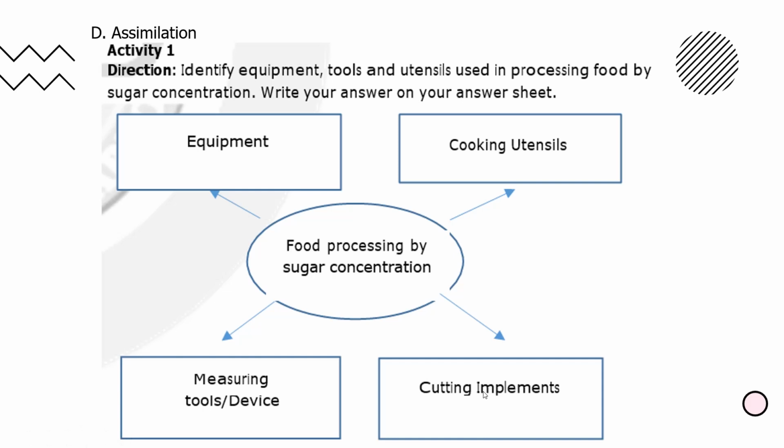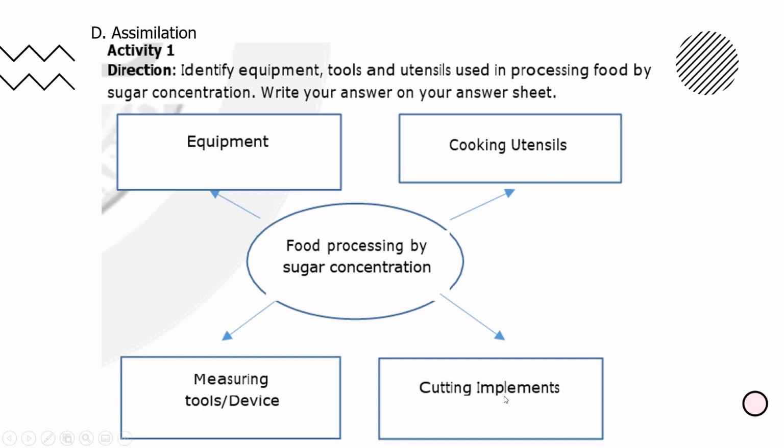So, palatandaan natin, kapag equipment, ito ay malaki o komplikado ng gamitin. Considered equipment yon. Kapag measuring tools, syempre, ginagamit pag-measure or pagsukat. Kapag cutting implements naman, ay ginagamit na panghiwa, pinapantalop o pinapanggupit.